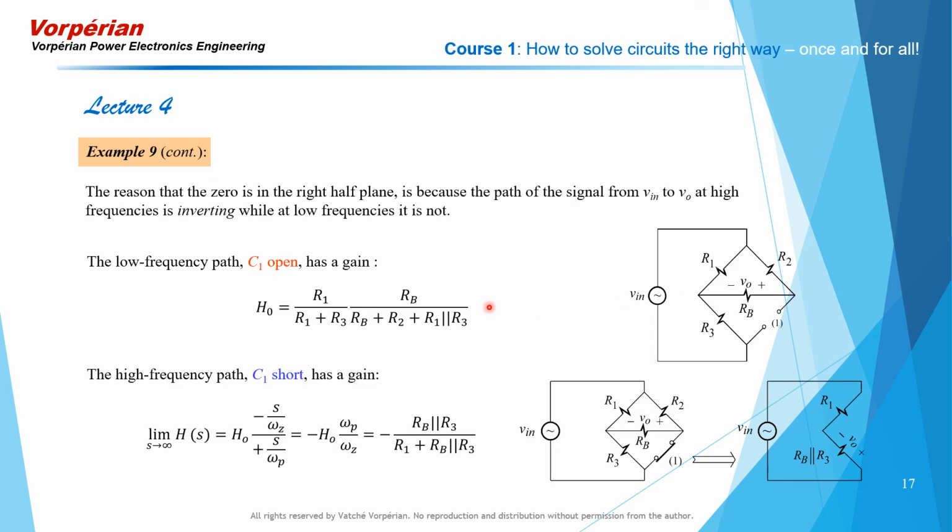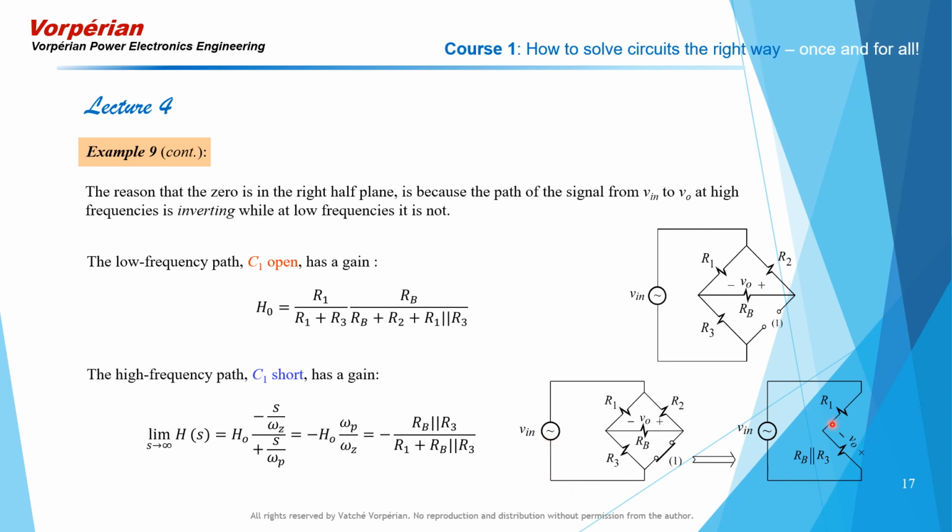We see here that at low frequencies, when we look at this circuit, the voltage transfer function V0 over Vin with this polarity is positive, given by this expression here. When we look at it at very high frequencies where the capacitor is essentially a short circuit like this, we see that RB appears in parallel with R3, but the positive polarity of V naught gets connected down to the return of Vin.